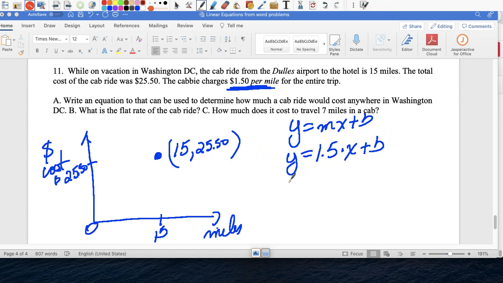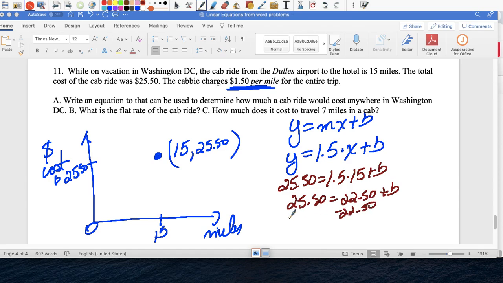So 25.50 equals 1.5 times 15 plus b. 1.5 times 15 equals 22.50. So 25.50 equals 22.50 plus b. We're going to subtract 22.50 from both sides. And b equals $3. So there we go.